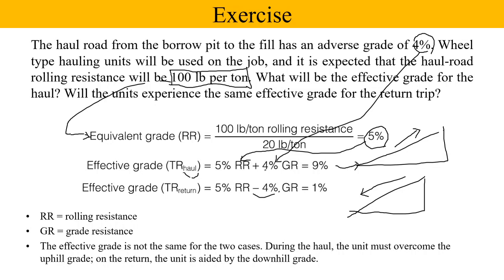When you're going up, it annoys you, so you're adding and there will be more effective grade. And when you're going down, it's helping you, so you should subtract it from the equivalent grade for rolling resistance.